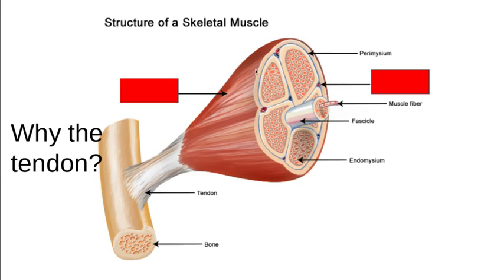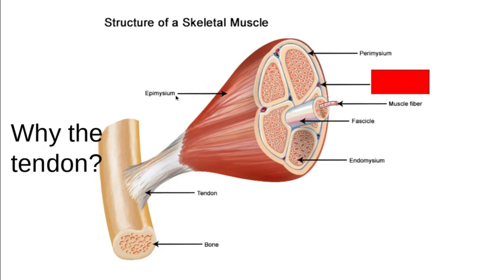And then all these fascicles are surrounded by another layer of connective tissue, and that is the epimysium. Okay, so we go muscle fiber surrounded by endomysium, fascicle surrounded by perimysium, and then all the fascicles grouped together to make the big muscle surrounded by an epimysium.